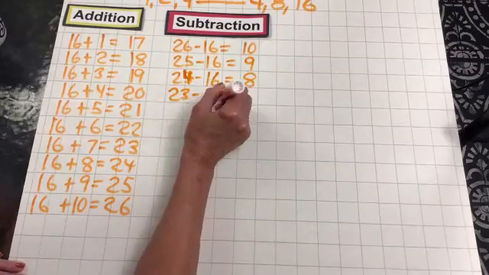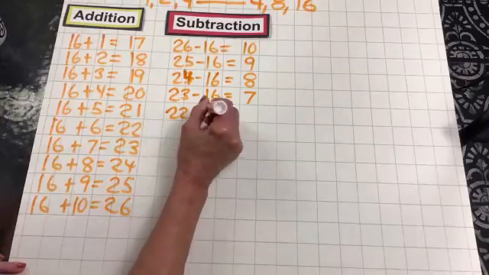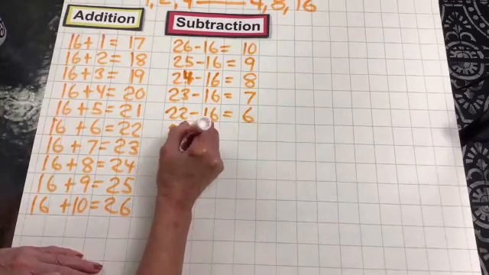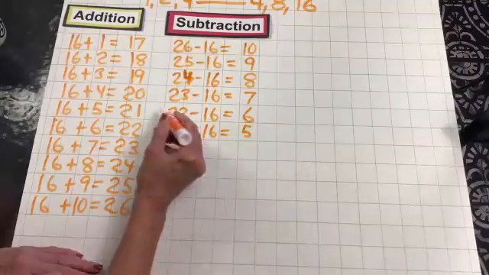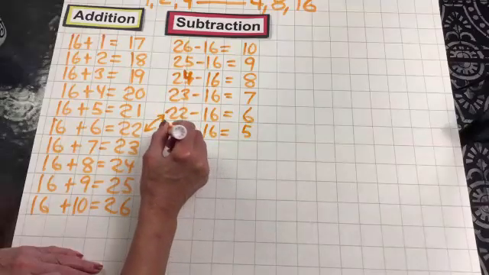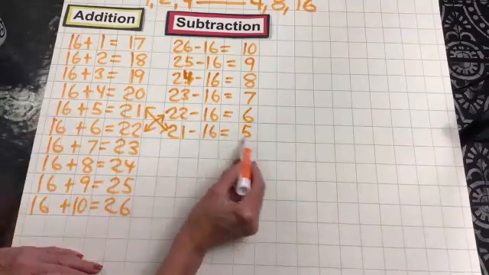23 minus 16 equals 7. 22 minus 16 equals 6. 21 minus 16 equals 5. And remember, we can always find our way with the numbers that correlate. 5 and 16, 5 and 16.